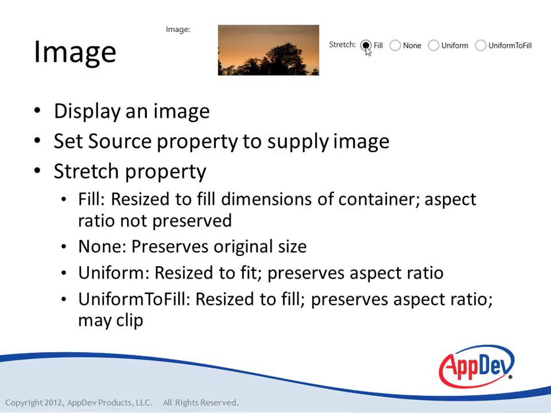And there's uniform to fill, which will resize the image to fill the image control, and it preserves the aspect ratio. And this one may clip the image because in one direction or another, the aspect ratios may not match up. You need to choose which one of these options you want to use for the stretch property of an image control.